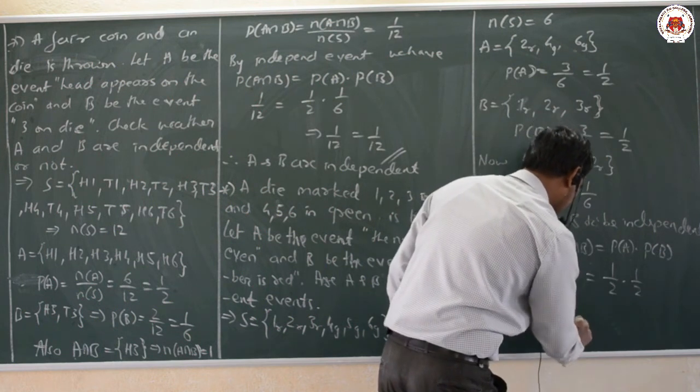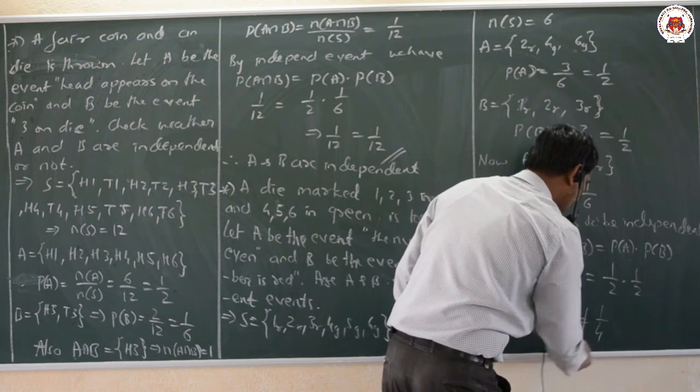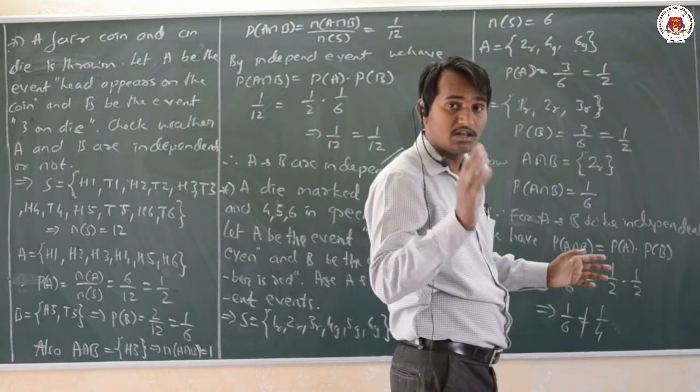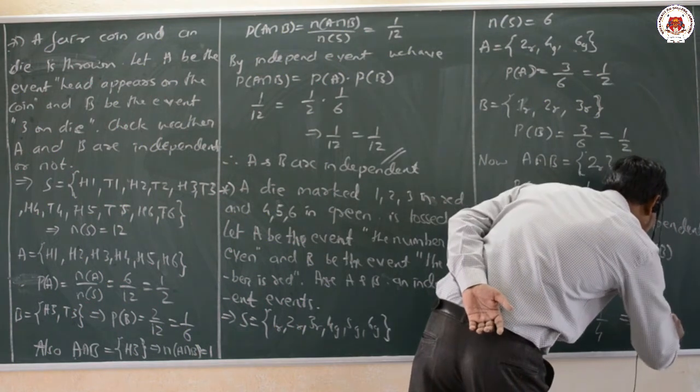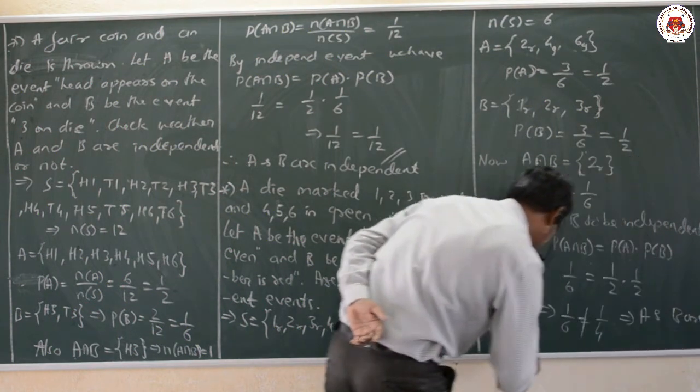Ultimately we get 1 by 6 equal to 1 by 4, and it is not equal. That implies A and B are not independent.